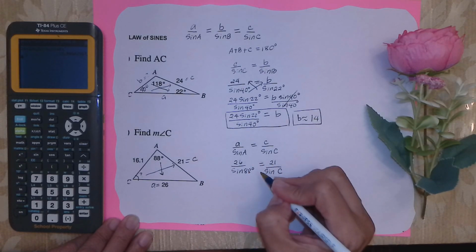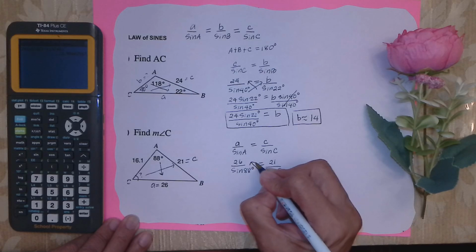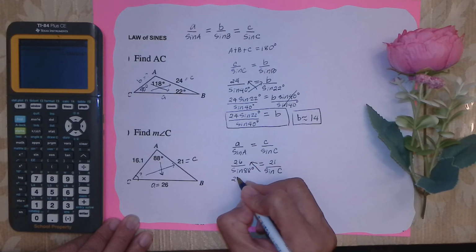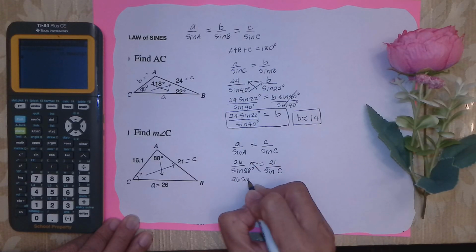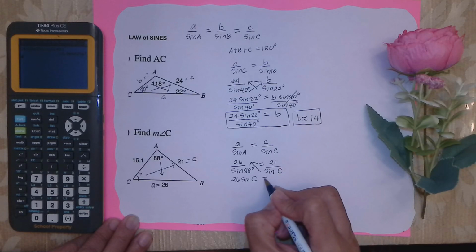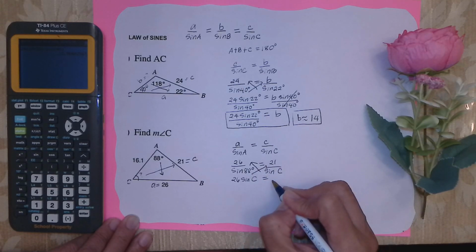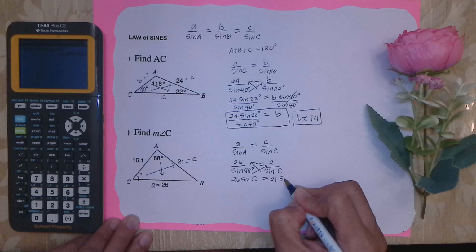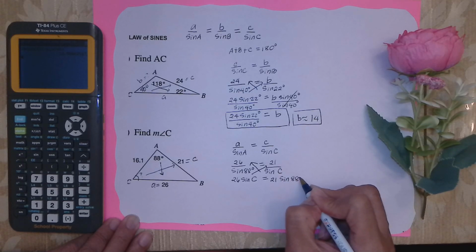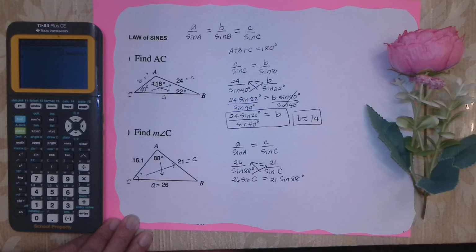So let's solve this problem. Let's use cross multiplication. So we have 26 sine C is equal to 21 sine 88. Here we want to let the sine C by itself.